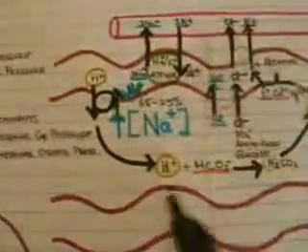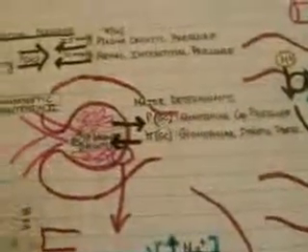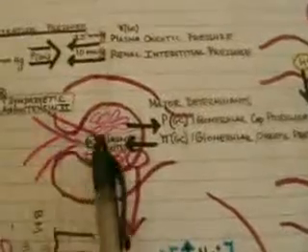For example, sodium, chloride, phosphate, and certain constituents such as amino acids, glucose. And we can see that this takes place through a filtration process within the glomerulus.